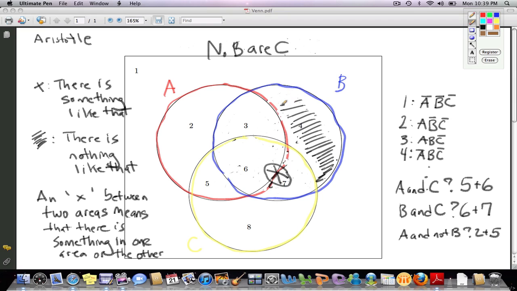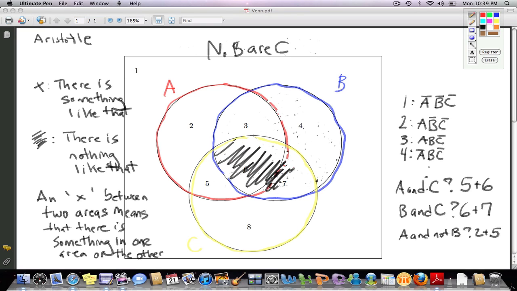Hopefully you know that it says we can't have a B that is a C. We can't have anything in area 6 or area 7. Imperfect erasing here, I apologize for that. That's the best I have right here and now. Once this is gone, again, no B are C. Don't have anything in area 6 or 7. So shade those two areas out.